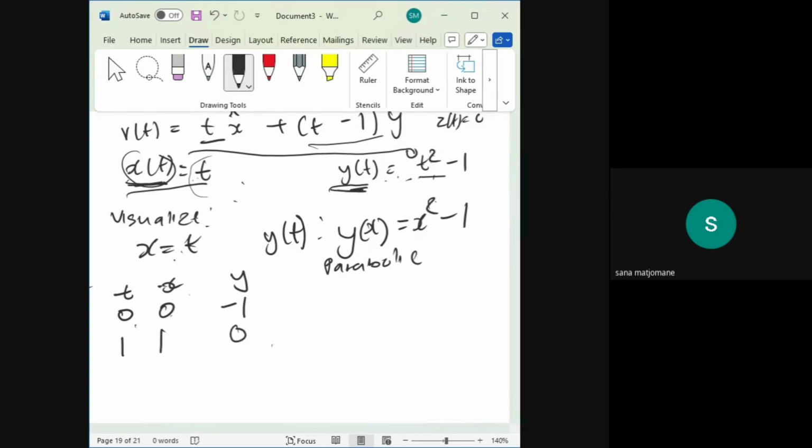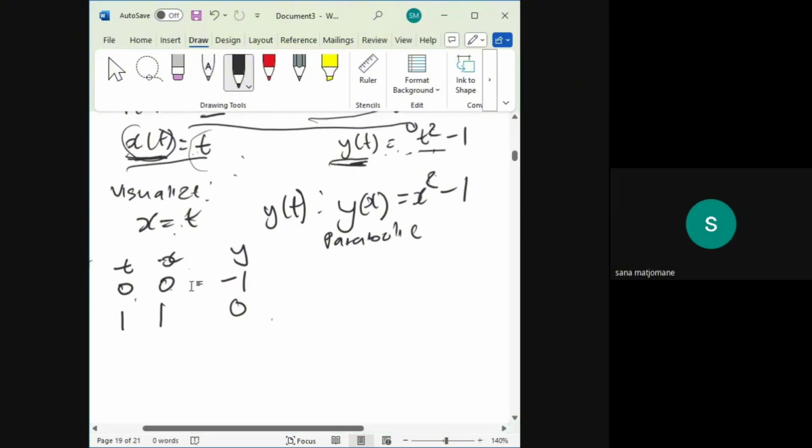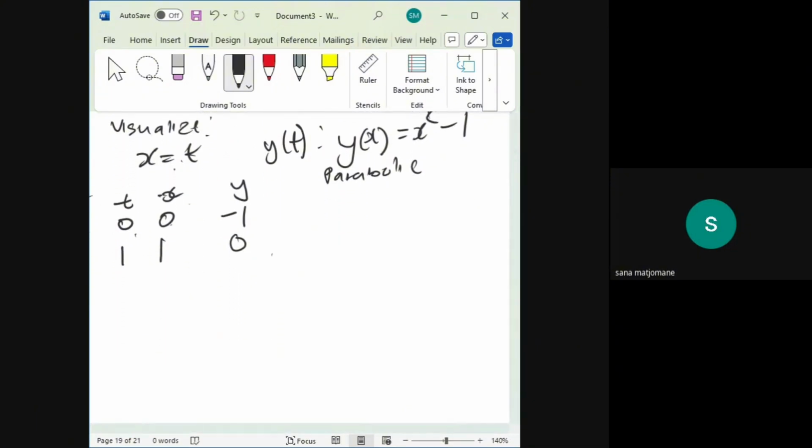Okay, now let's check. At r, when I put t as 0, what's my vector function, my position vector function for the path?